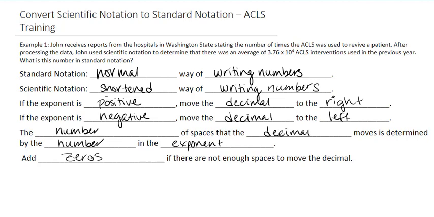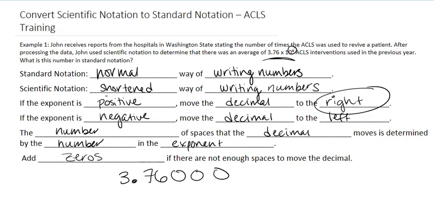3.76 times 10 to the fourth is our scientific notation. So we see that there is a 4 there, and it's positive. So that means we are moving it to the right. So 3.76, and we need to move it 4 times.